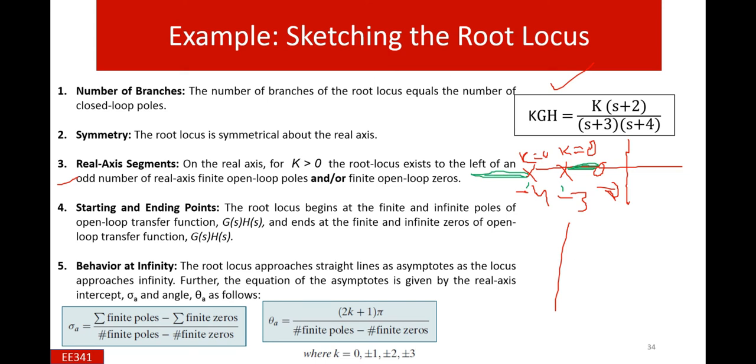So these are the starting points of the poles where k is equal to 0, and one path of this root locus ends at k equal to infinity, here at the zero which is at -2, and the other goes to infinity.